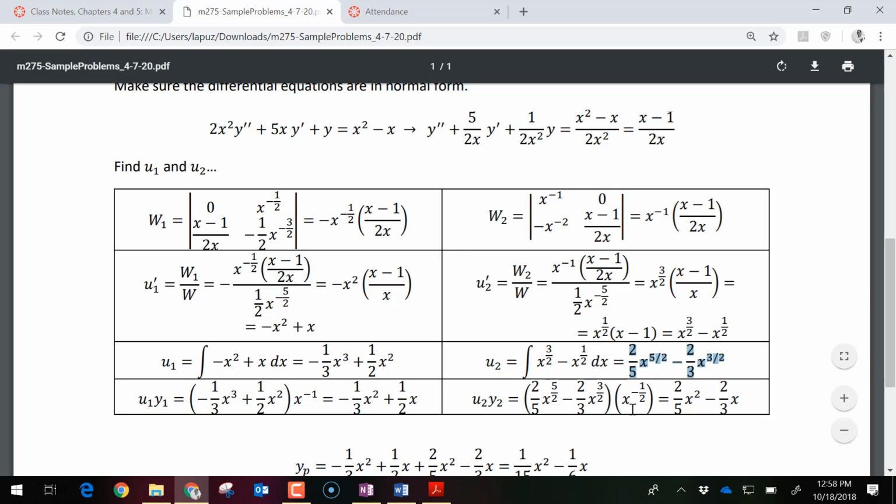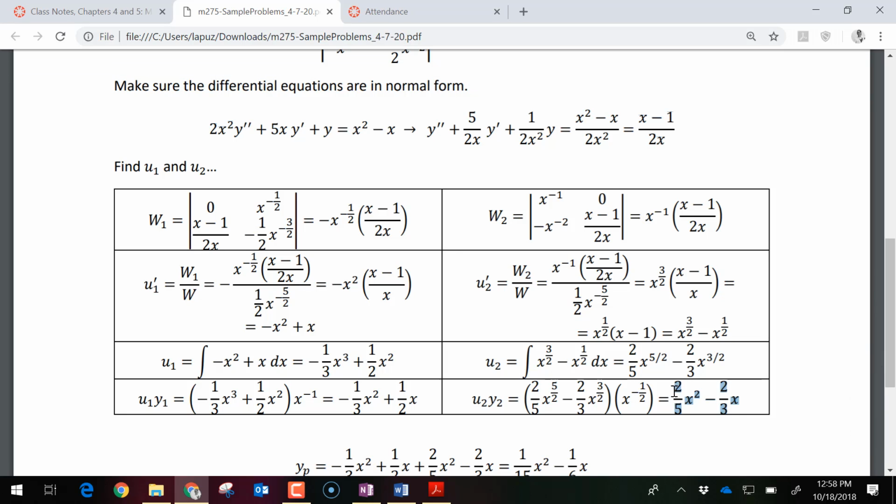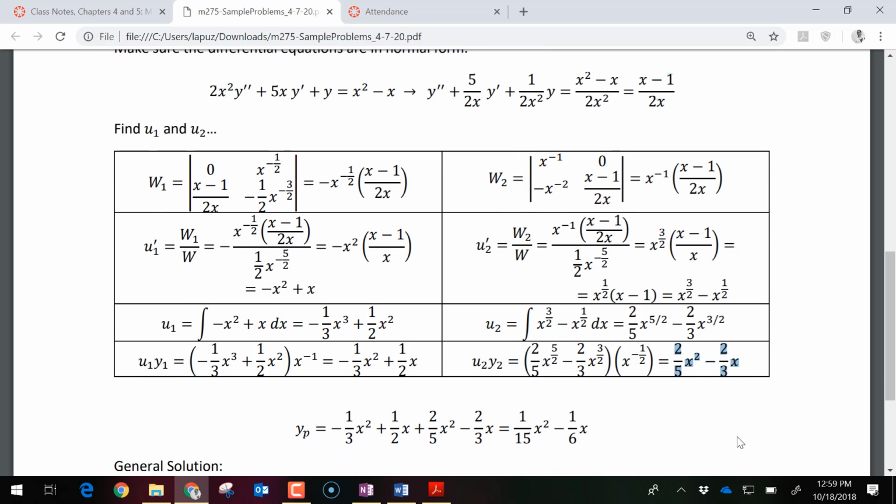And then I take U2 and multiply it by Y2, and I get another nice polynomial similar to the other polynomial that we looked at. So the particular solution is going to be u1 times y1, added to u2 times y2.